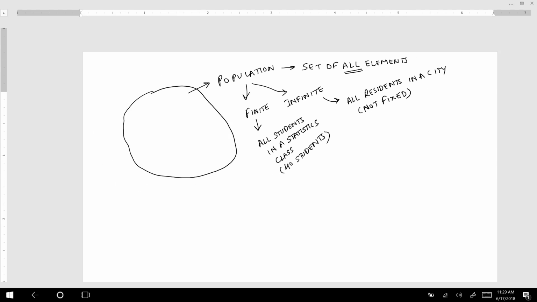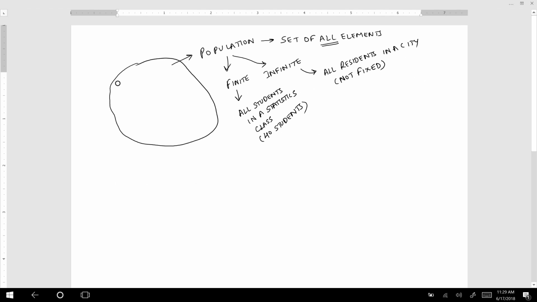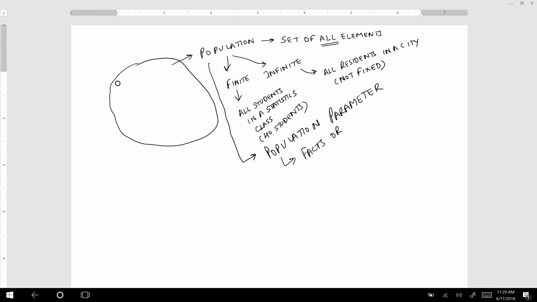So the next thing is a population would have a population parameter, which is facts or characteristics of a population.